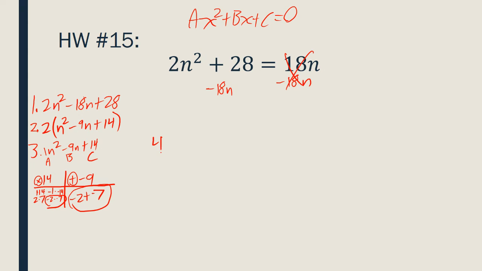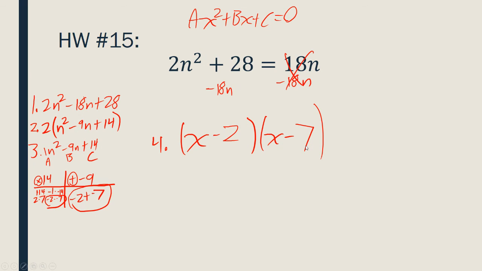So step 4, I need to write my factors like this: x minus 2 over a, which is 1, and x minus 7 over a, which is 1. Remember my shortcut, since a is equal to 1, I don't even really need to write those fractions because anything divided by 1 is just itself, and my factors end up being x minus 2 times x minus 7.